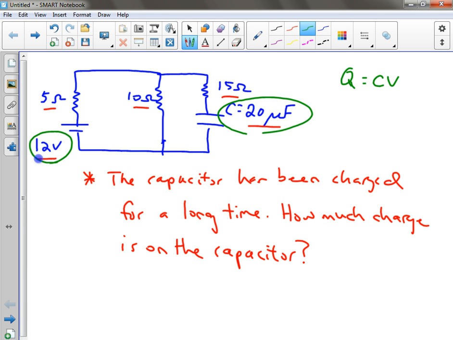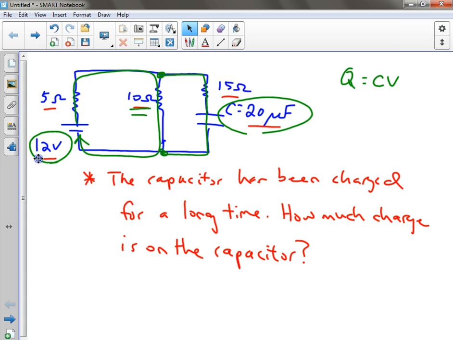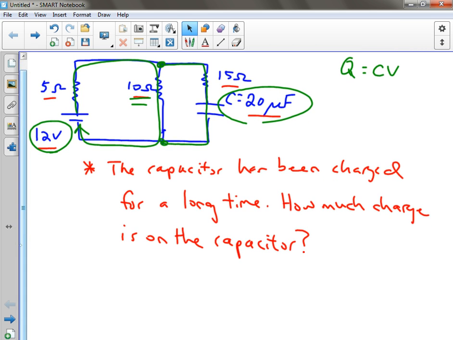So we actually have to solve for the voltage passing through the 10 ohm resistor, because the capacitor is connected in parallel to the 10 ohm resistor. So we first solve this as if it was just a simple series circuit, and pretend that the capacitor isn't even there.